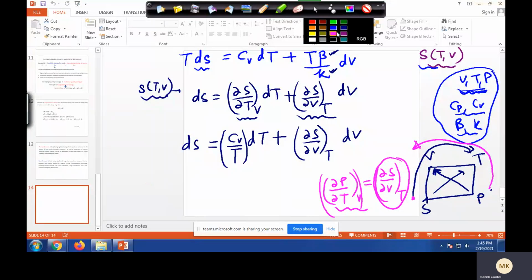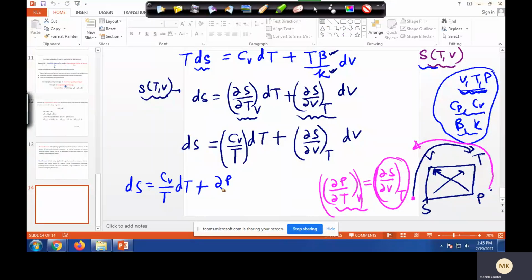So what we have using Maxwell relation, dS is equal to Cv/T dT plus ∂P/∂T at constant V dV. Okay, fine. Up to this point it's fine. Now let's see if beta and kappa help us or not. You can see here clearly, you want to derive this and you have this thing. You can clearly see we have change in pressure and we have change in temperature. Okay.